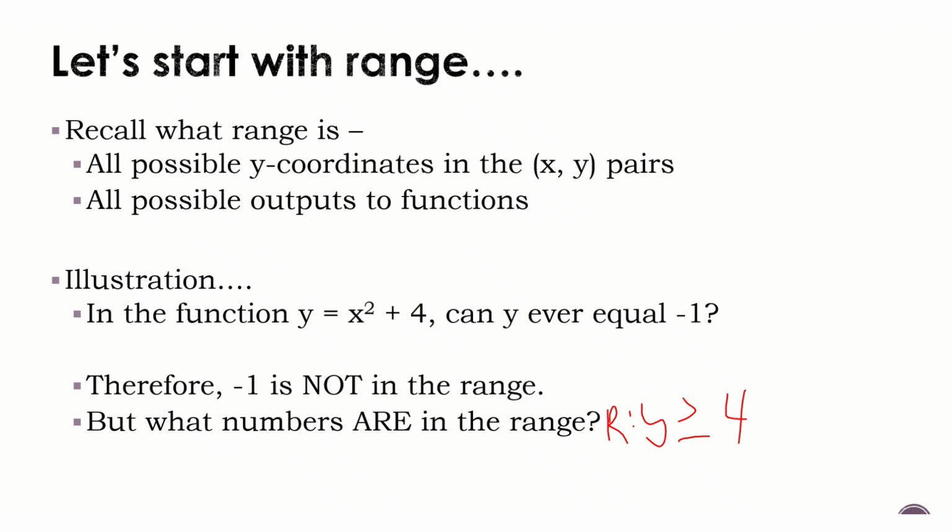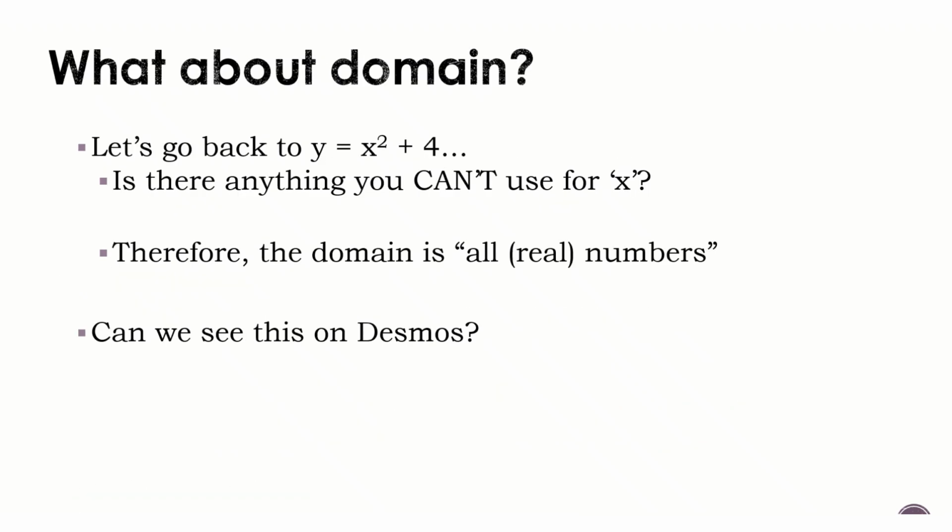Okay, where's my mouse? There it is. All right, now what about the domain? So we're going to go back to x squared plus 4, and I obviously don't have the animations on here. So I want you to think, is there anything you can't use for the x? So think about that for a moment. Is there anything you can't plug in?